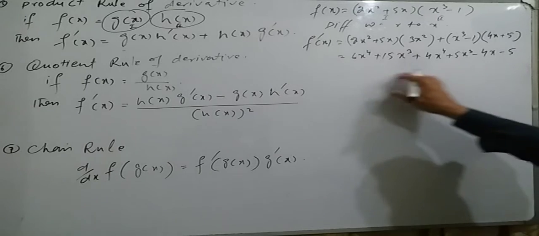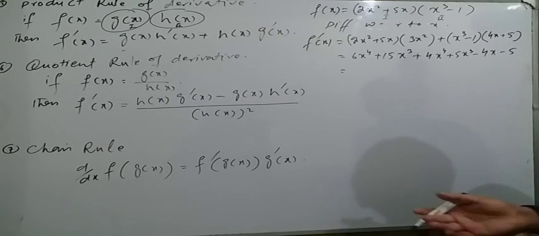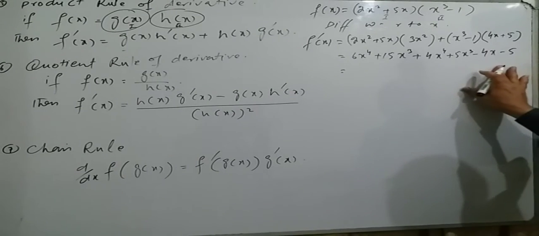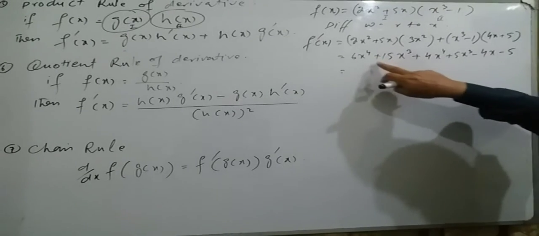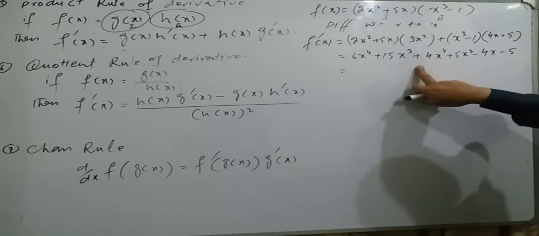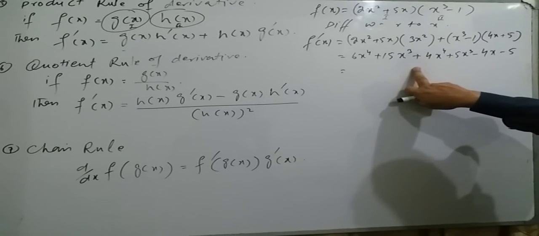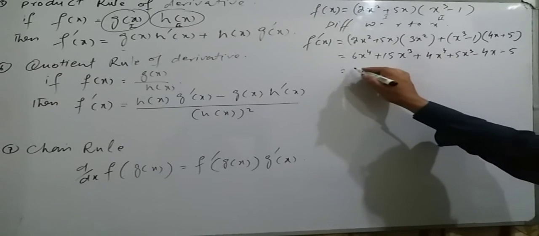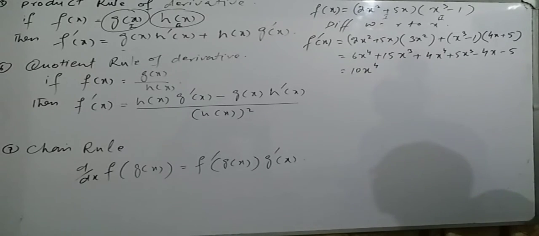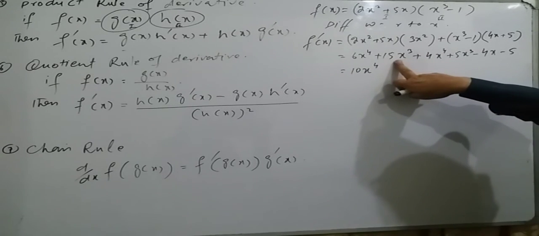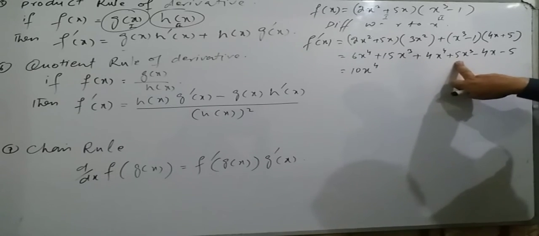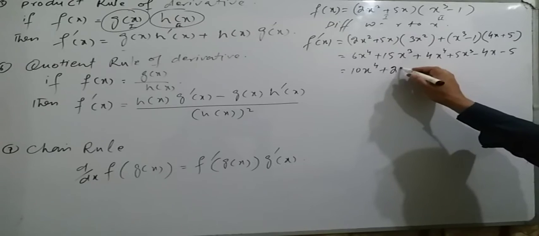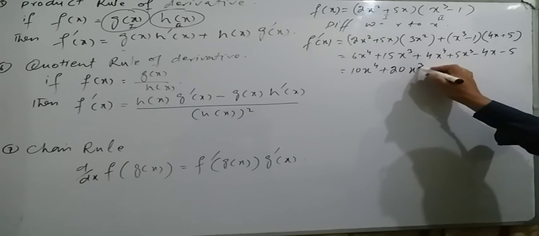After that, you search for a chance of addition or subtraction, and do it if we have the same unit. Starting from the highest power, x power 4: 6x power 4 and 4x power 4 become 10x power 4. Then x power 3: 15x power 3 plus 5x power 3 becomes plus 20x power 3.